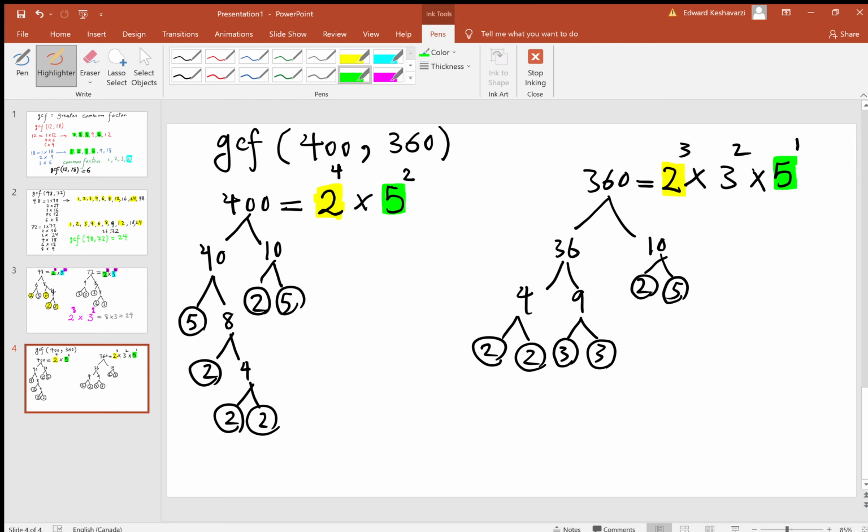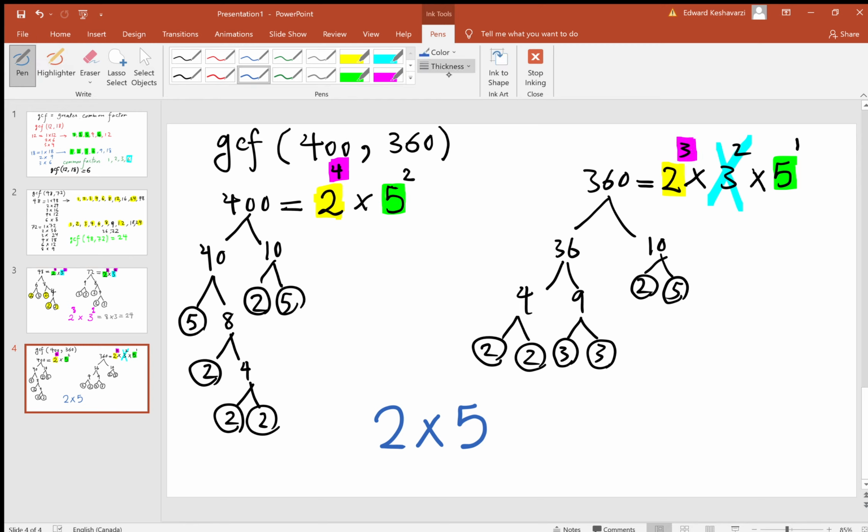This is why we cross out the one that is not in common. Now focus on 2 and 5. I'm going to write here 2 times 5. Now you need to compare the exponents between 2 and 3.